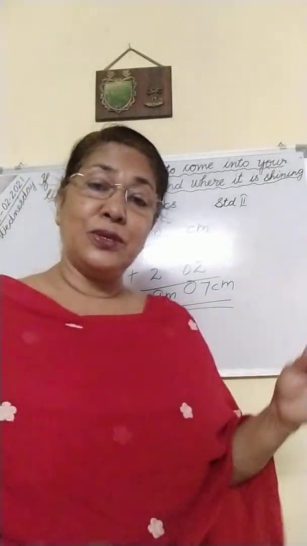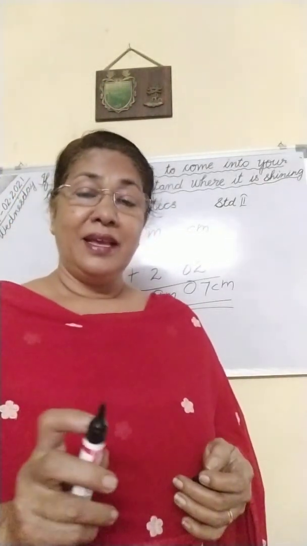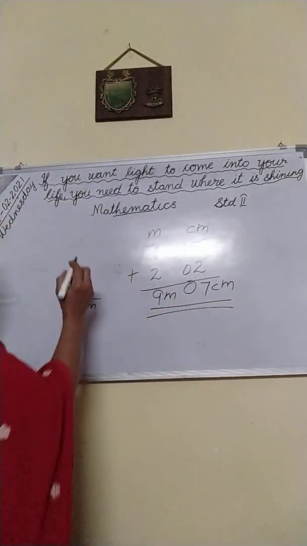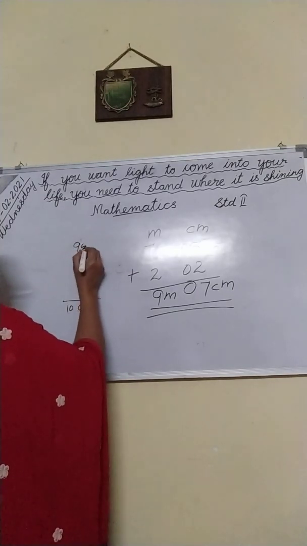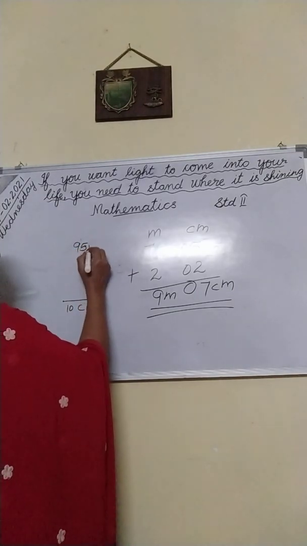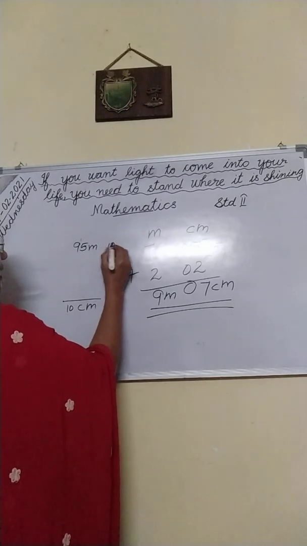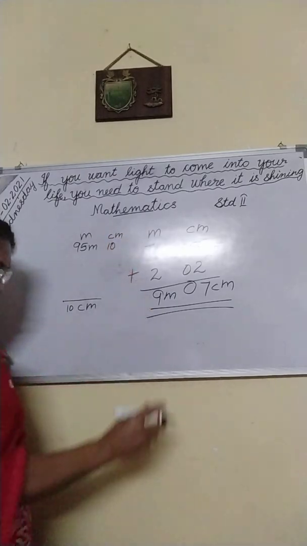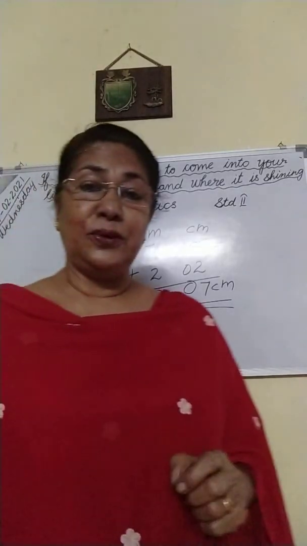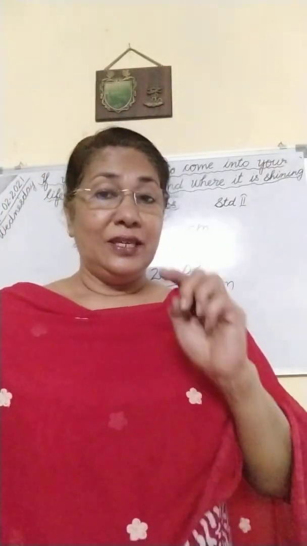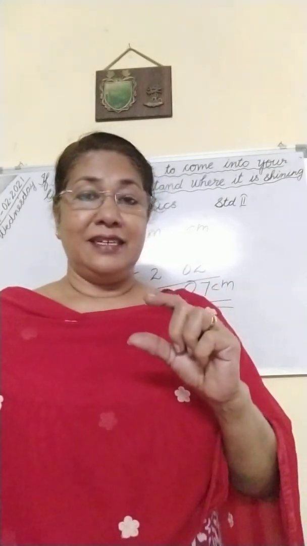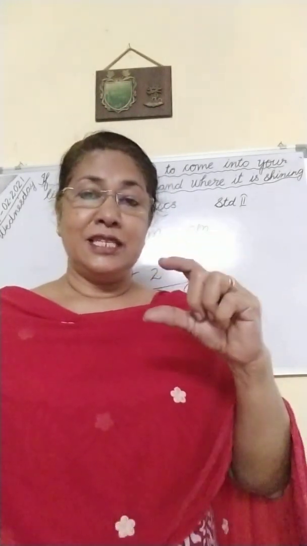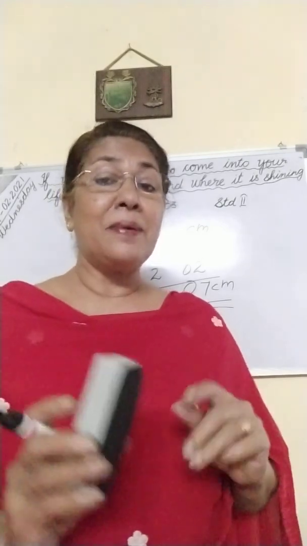Suppose I'm asking you to subtract from 95 meters and 10 centimeters. I'll write your meter here, centimeter here. So when you write, what you have to remember is to see that the digits, the numbers, are placed in the correct place value.